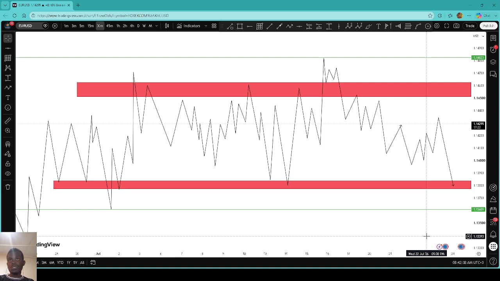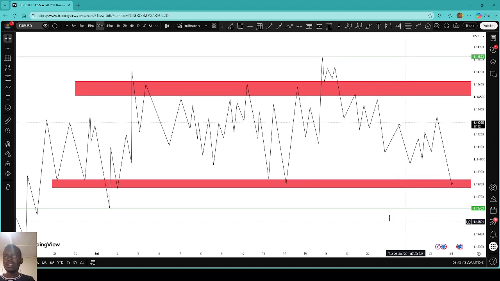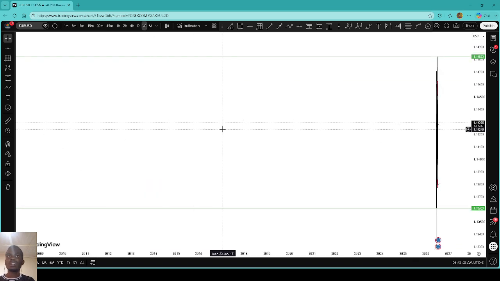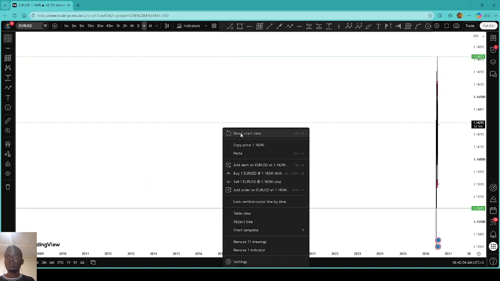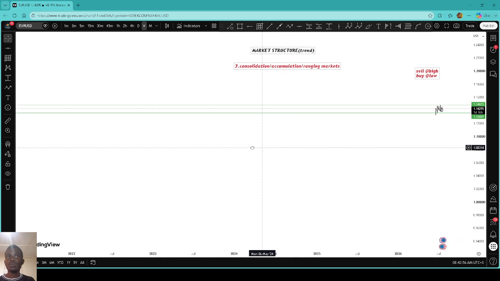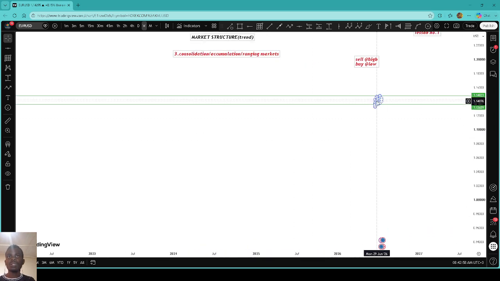It's going to give more bullish moves. If it breaks this side, I will consider it a more bearish move. Up to there, I think everybody understands the three types of market structure.